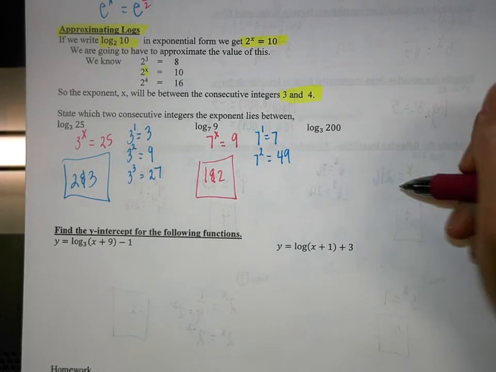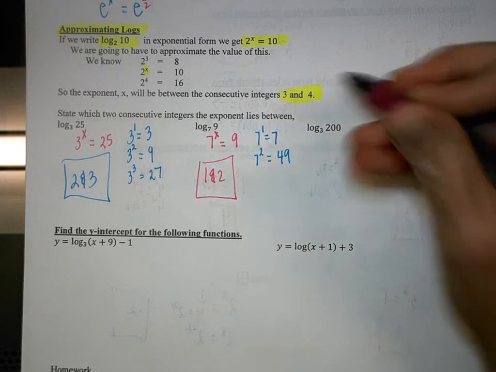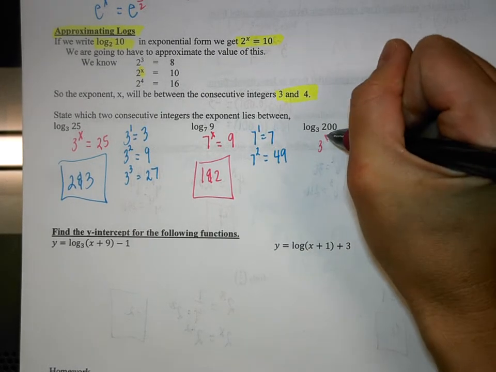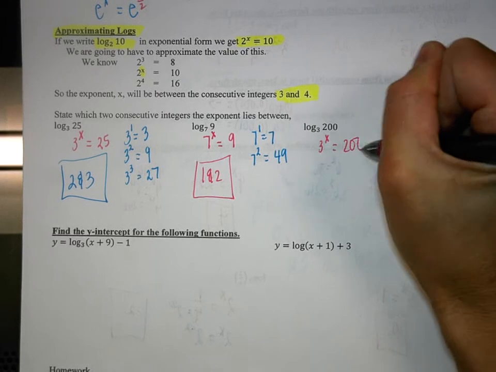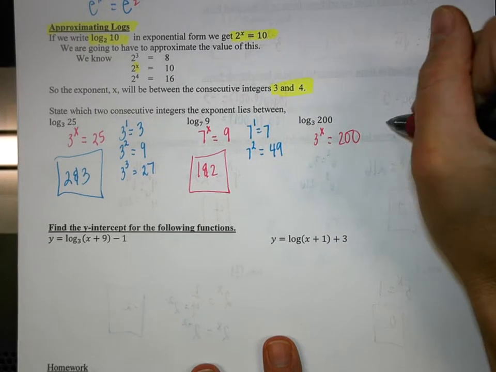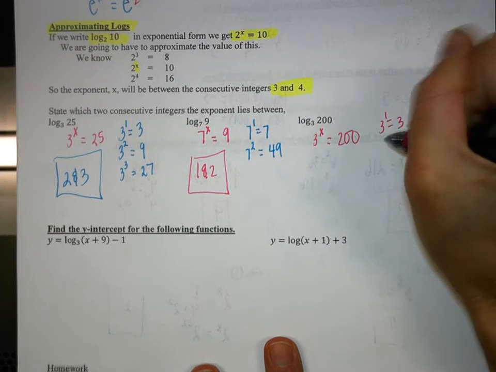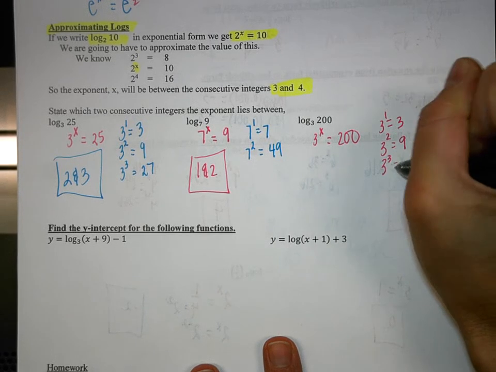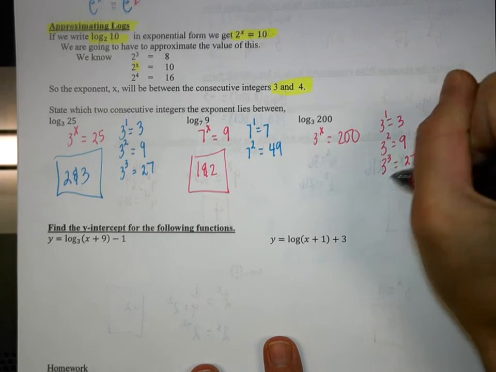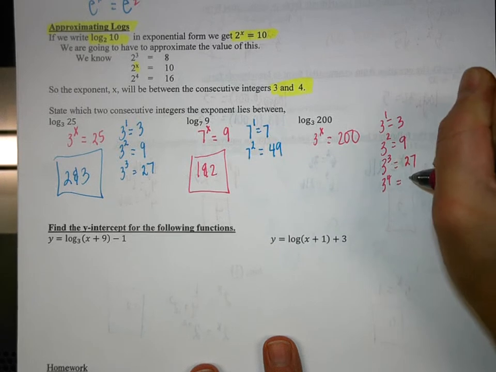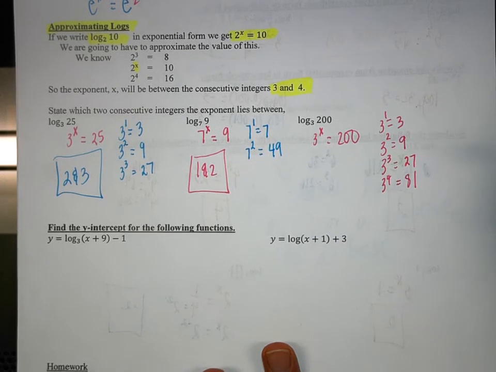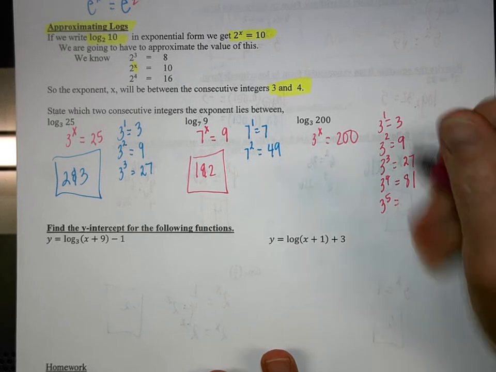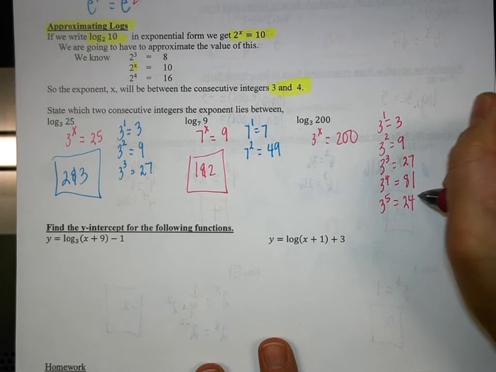Okay. So when I rewrite this, I would write it as 3 to what power equals 200? Okay, so 3 to the first is 3. 3 to the second is 9. 3 to the third is 27. 3 to the fourth is 81. 3 to the fifth power is 243.